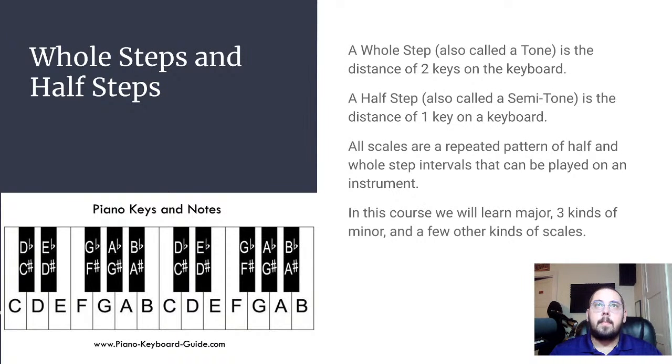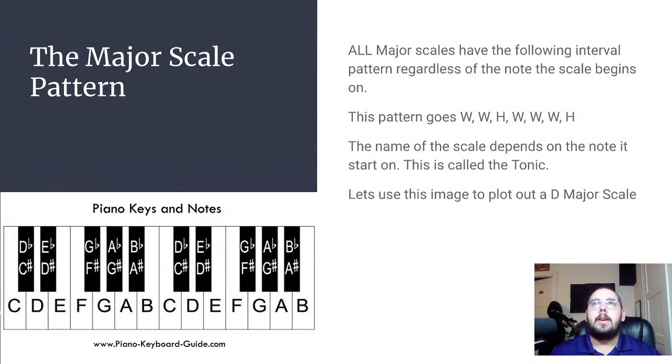The pattern for the major scale is whole step, whole step, half step, whole step, whole step, whole step, half step. I've got that written out right here: whole, whole, half, whole, whole, whole, half, or 2 2 1 2 2 2 1 if you're better with numbers.